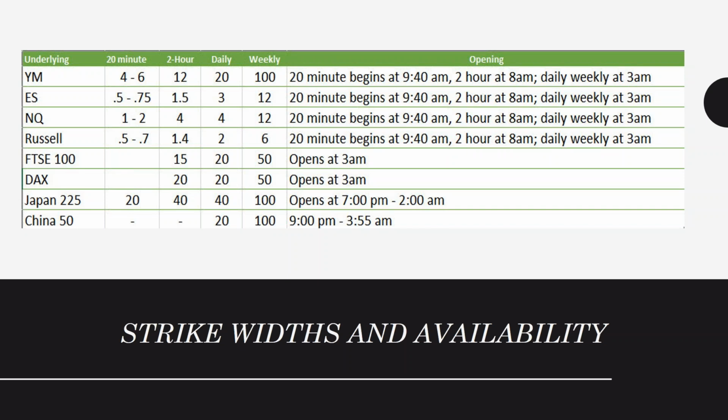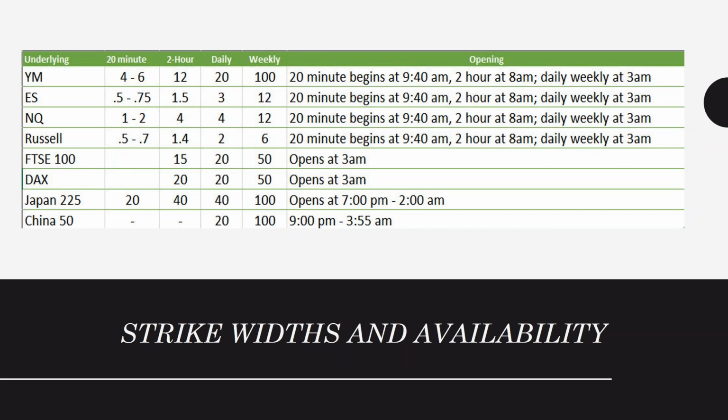On the NASDAQ, you have a 1 to 2 point strike width for the 20-minute binaries, a 4-point strike width for the 2-hour and the daily, and then a 12-point weekly strike width. On the Russell, you have anywhere from a 0.5 to a 0.7 strike width on the 20-minute binaries, and then 1.4 strike width on the 2-hour, a 2-point strike width for the daily, a 6-point strike width for the weekly.